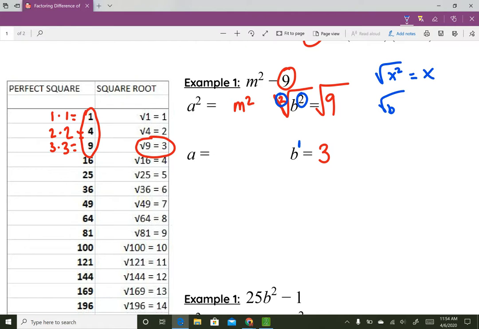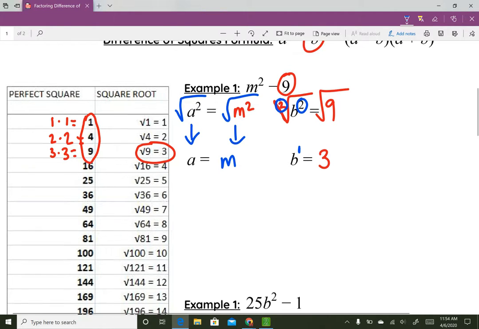The square root of b squared is just b. The square root of q squared is just q. The square root of m squared is just m. Are we seeing what's going on here? That's the pattern you can start to notice. So if we take the square root of both sides, the square root of a squared is just a, and the square root of m squared is just m.